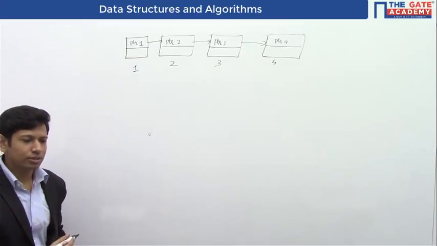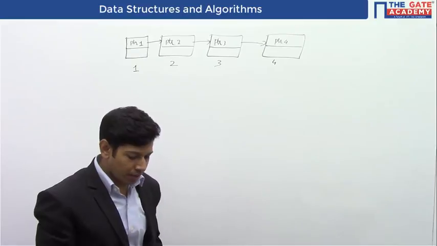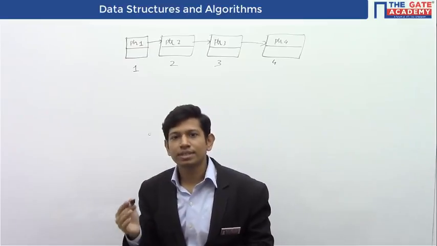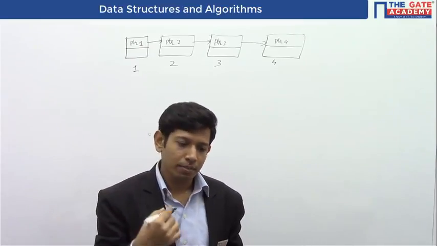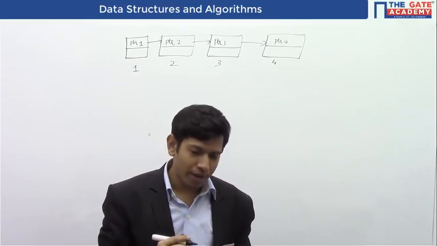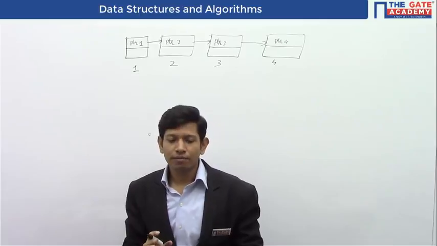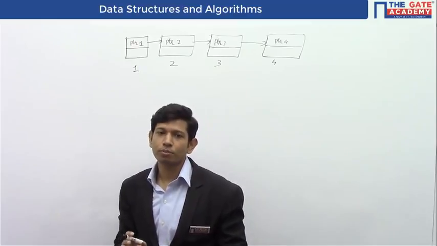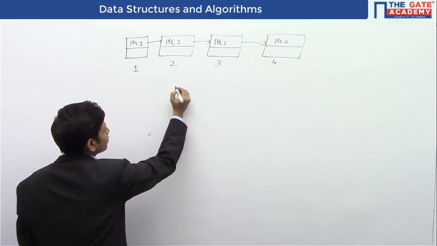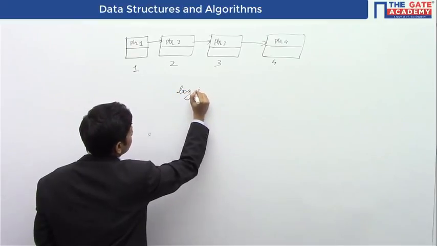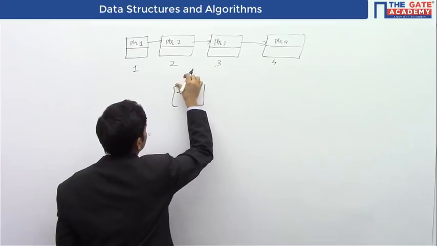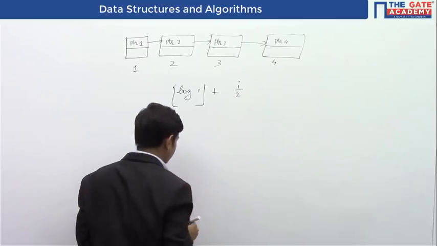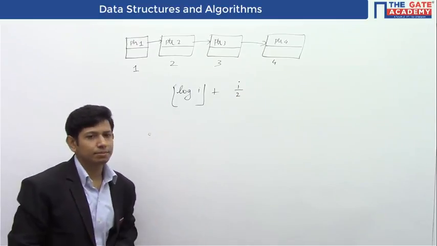Now they are asking how we should design the second pointer, so that for traversing to any ith node we make at most floor of log i plus i by 2 moves, not more than this.